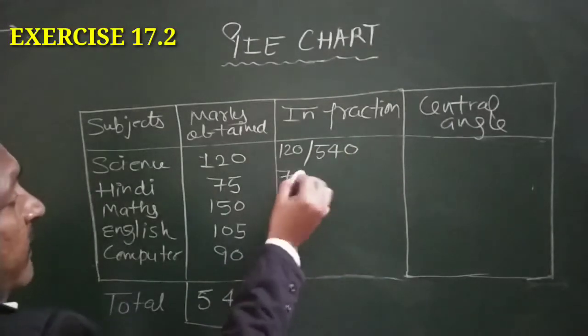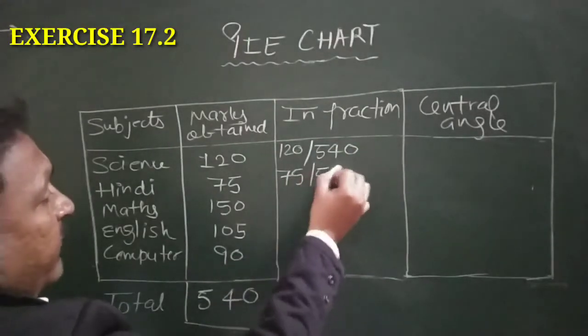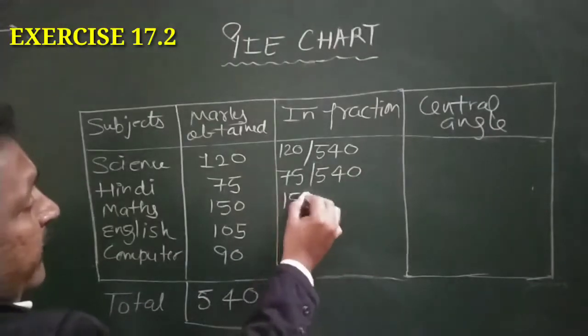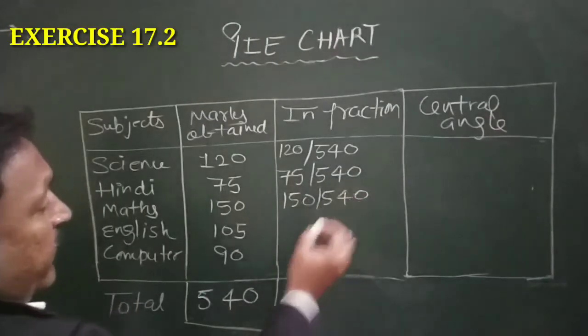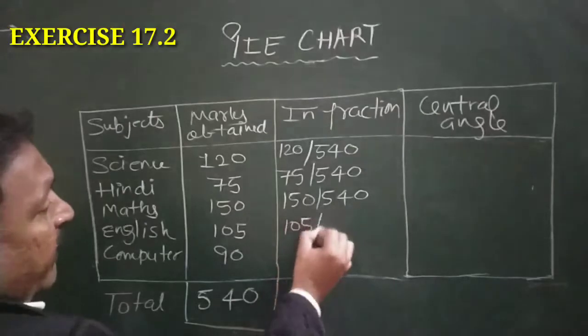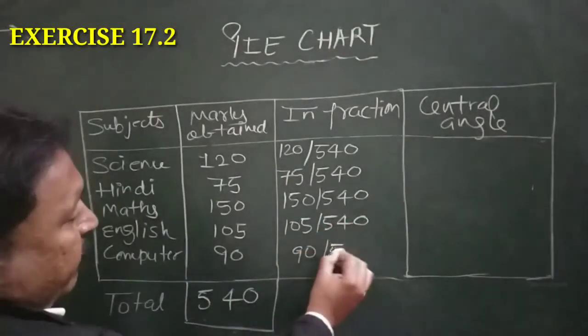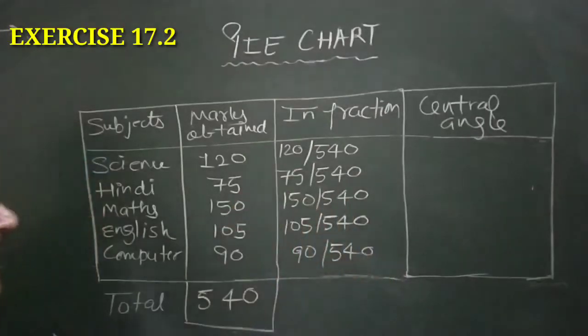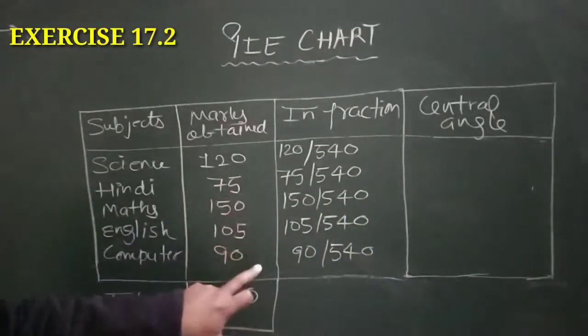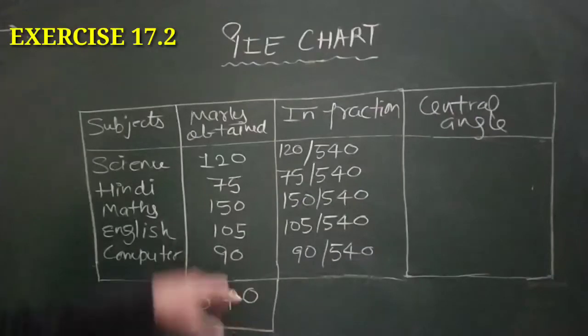In the same way 75 divided by 540, 150 divided by 540, 105 divided by 540, and 90 divided by 540. Means we have to divide each and every value by the total of all these values.